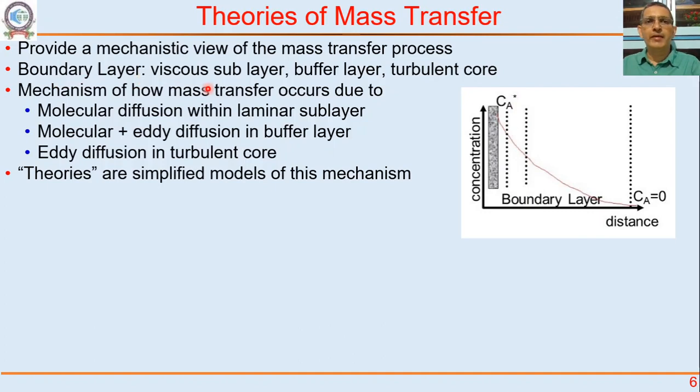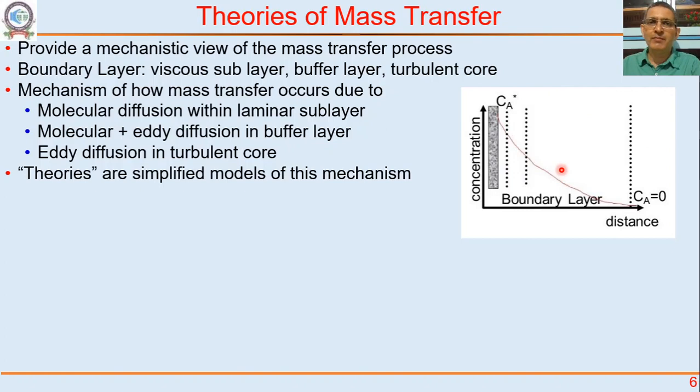The boundary layer consists of viscous sublayer, buffer layer, turbulent core. So imagine this was the wall across which mass transfer is happening. Mass transfer is happening from that wall to the bulk. There is a laminar sublayer, there is a buffer layer, there is a turbulent core, and the total of this is the boundary layer.